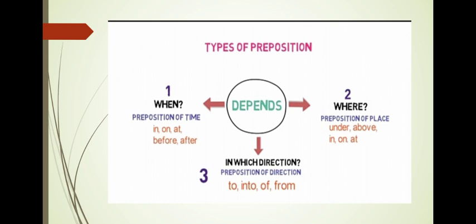Preposition of direction always has to do with a movement, and so they are called preposition of direction. Some of them are to, into, from. So now let us have a deeper look into the three prepositions again with some examples.